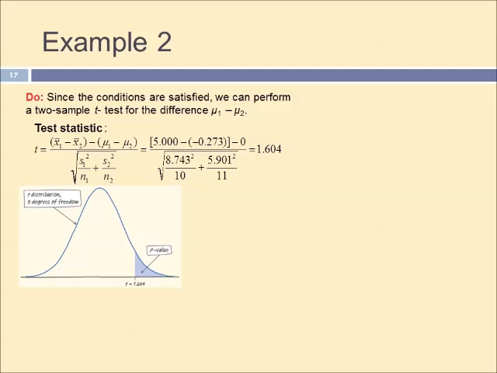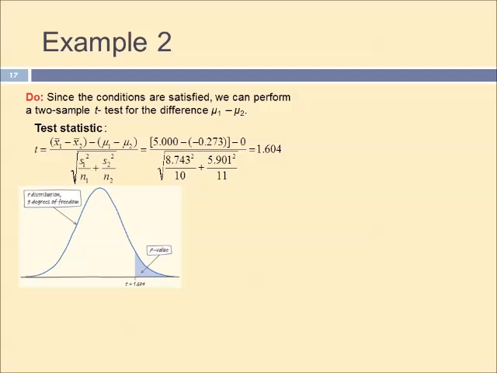So the test statistic, in this case, t equals x bar 1 minus x bar 2 minus the difference in the hypothesized means over the standard error. In this case, the difference between the sample means, 5 minus a negative 0.273, and the difference between the population means here we hypothesize to be 0. That is, there's no difference between them.